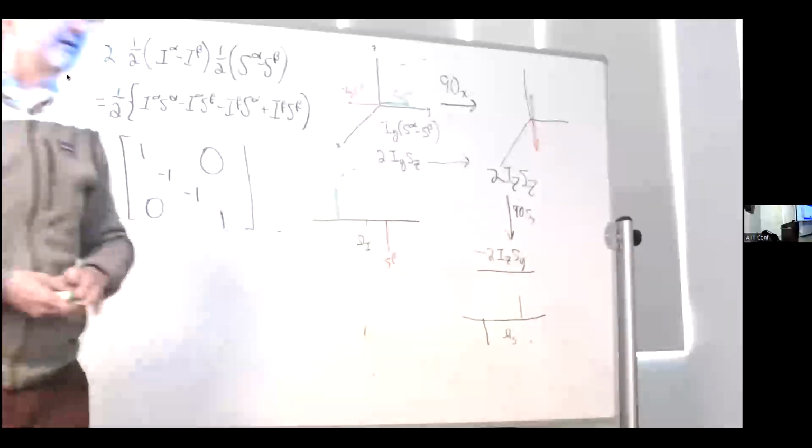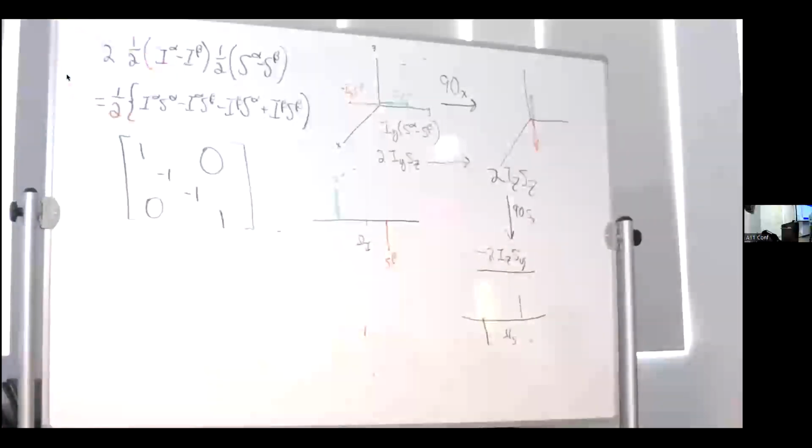But there had to be a 4th one, because if you have 4 numbers, you can always form 4 independent linear combinations. So we knew 3 of them: identity, IZ, SZ, and this is our 4th one.